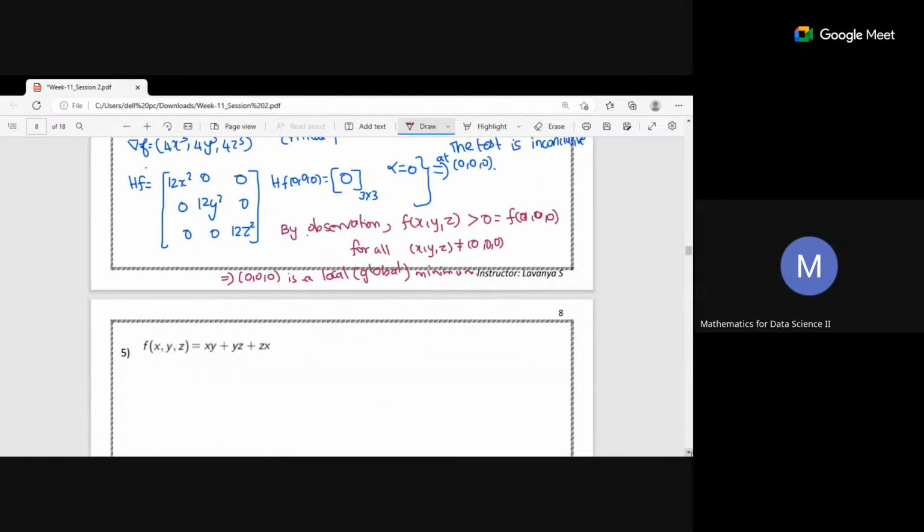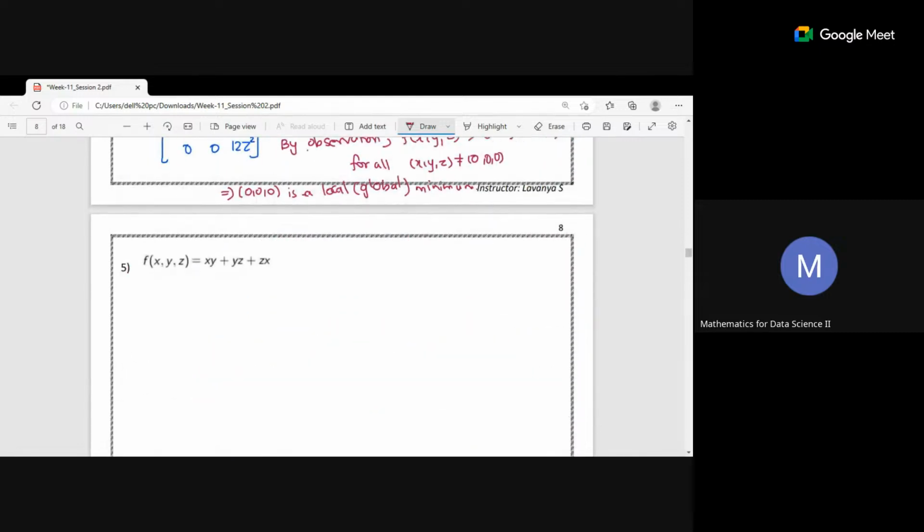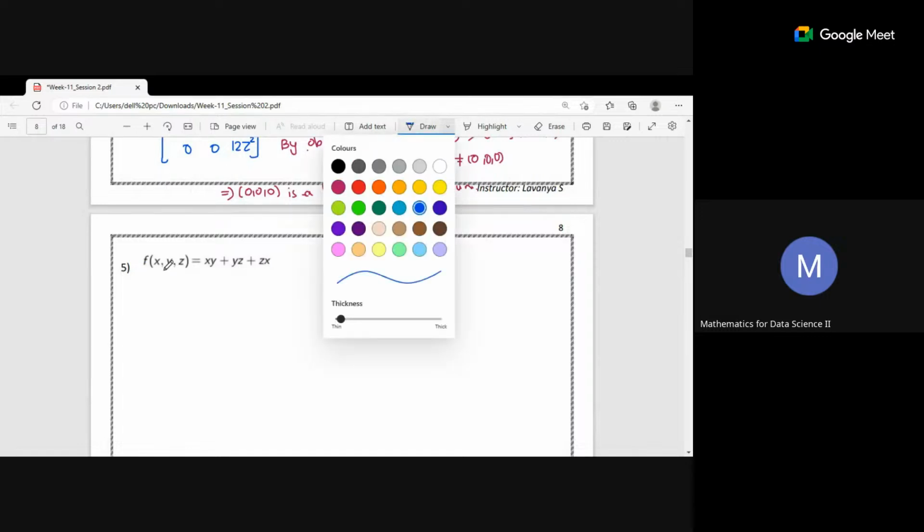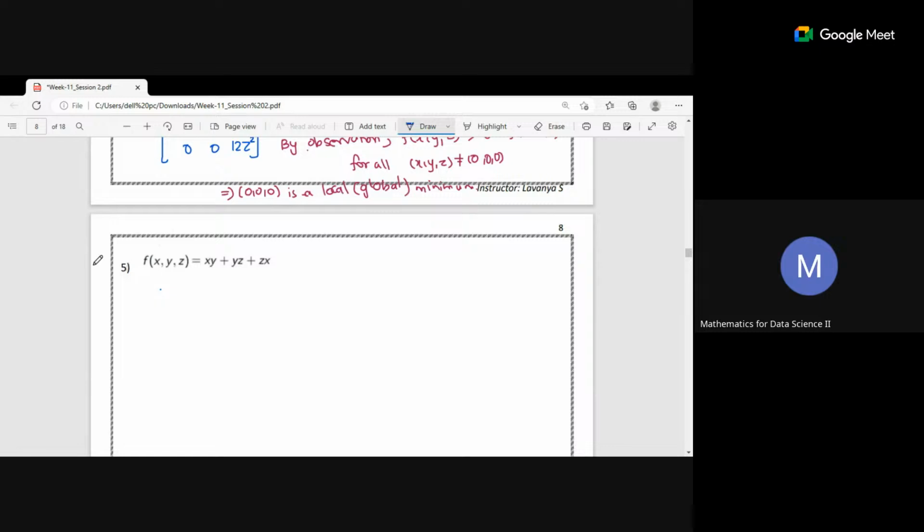So the next question is f of x comma y comma z equals xy plus yz plus zx. Now what is your del f again? Y plus z, x plus z, and x plus y.